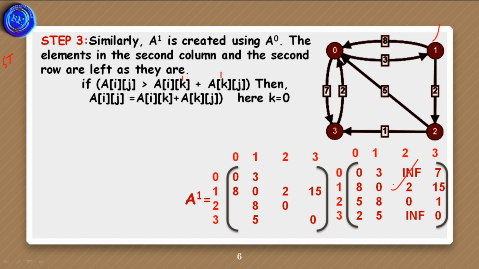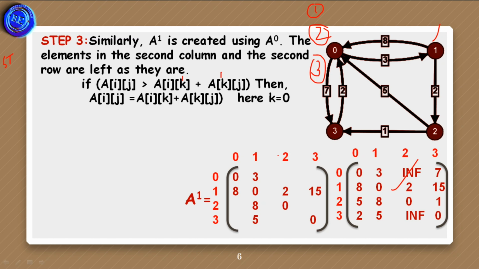By using the previous matrix only we are going to calculate the next matrix. For step 2 we have to take the matrix of the first step. For calculating the third step we are taking the matrix of the second step. For calculating the values we are keeping the first row, the first column and the diagonal elements as they are, and here we are going to update the values.